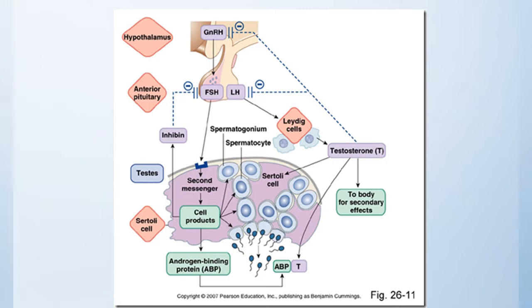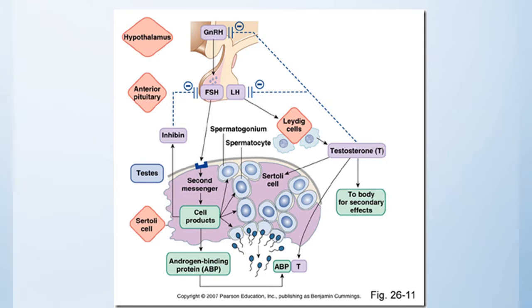The function of Sertoli cells is that they nurse and help the gametes grow into mature gametes, in this case the sperms. LH, on the other hand, influences the Leydig cells.